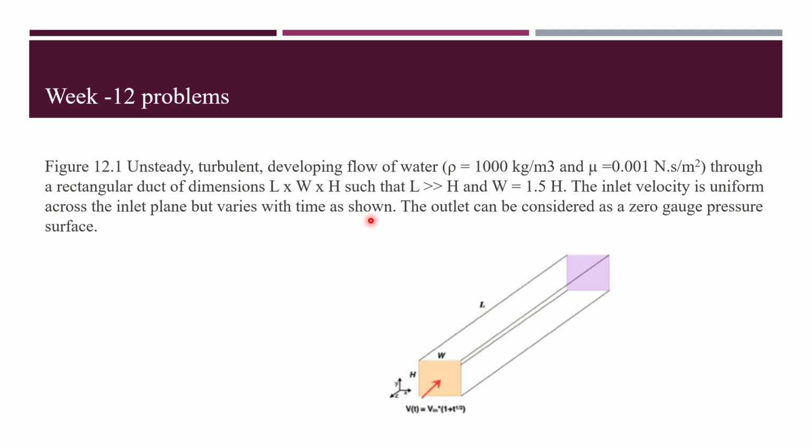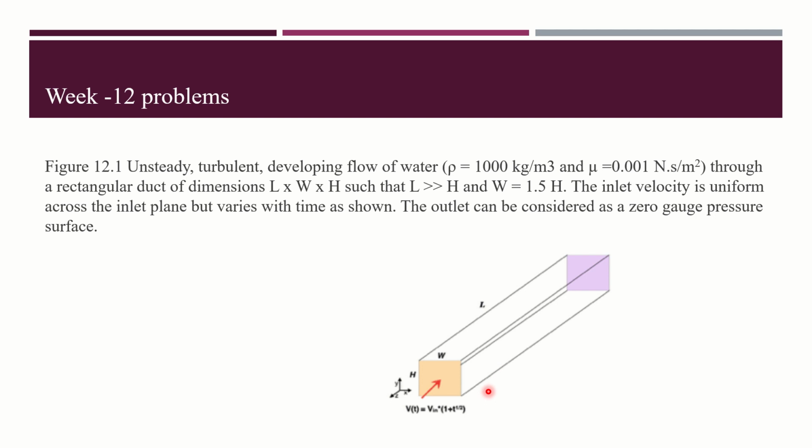So what is happening inside the system? We are dealing with a rectangular duct flow problem. Water is flowing inside, with density 1000 kg per meter cube and viscosity 0.001 Newton seconds per meter square.